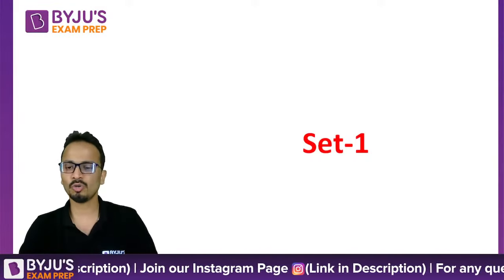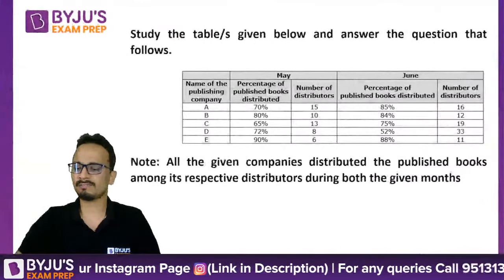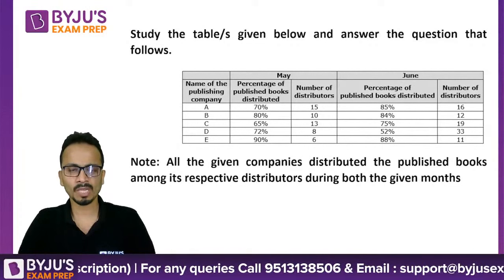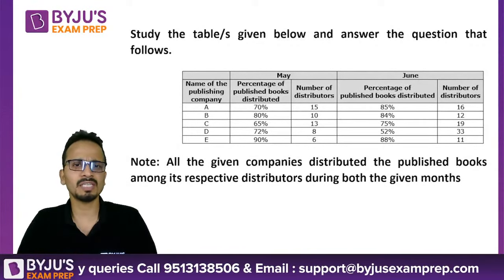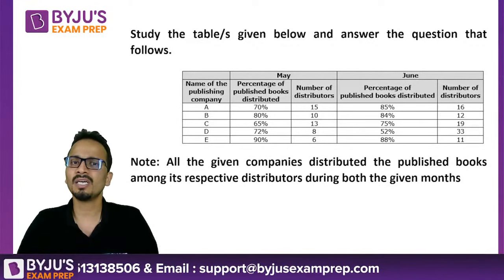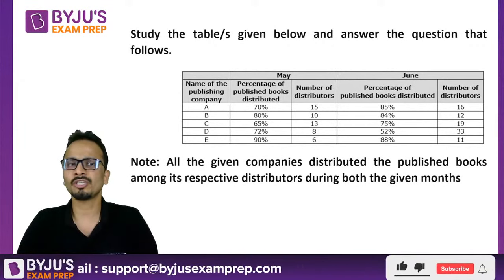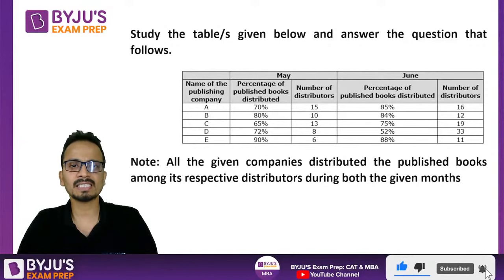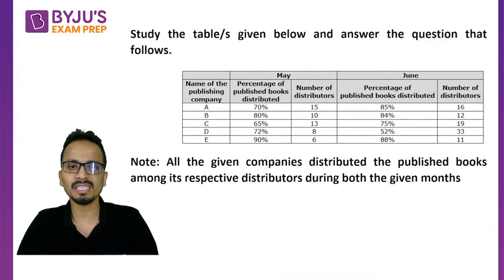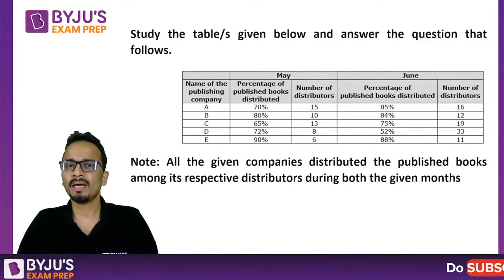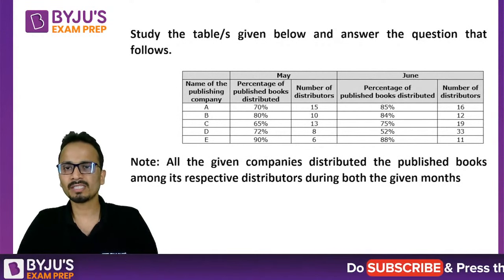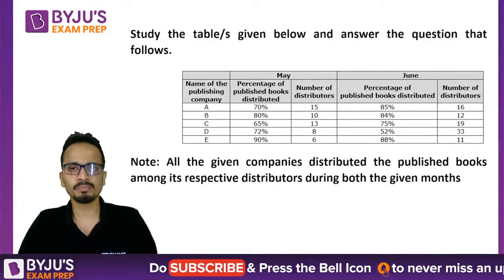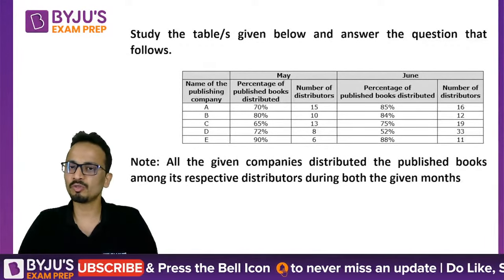All right, so let's go to the first set and look at the common set of directions which are given. There is a table given. Above the table it says to study the tables given below and answer the questions that follow. The table gives the name of the publishing company, A, B, C, D, E. The data is given for 2 months, May and June: percentage of published books distributed, and number of distributors.